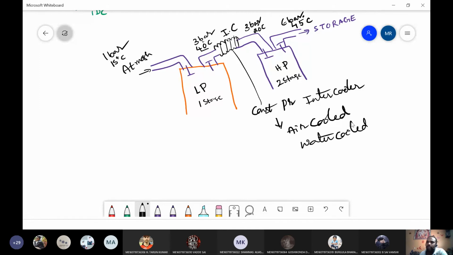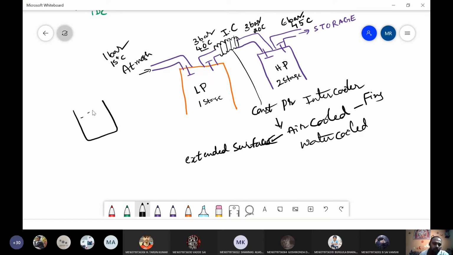In case of air cooled intercooler, fins are made over the cylinder. If you see your bikes, over the cylinder you can see some fins, some blade-like things. Those are called fins. Fins are nothing but extended surfaces. By using the fins, let me give one example.